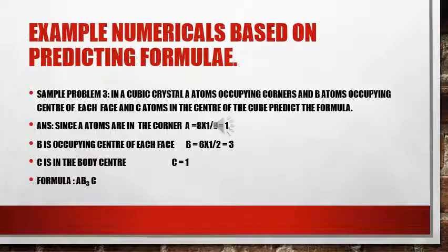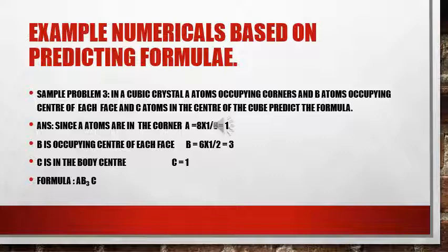Children, now look at sample problem 3. In a cubic crystal, A atoms occupy the corners and B atoms occupy the center of each of the faces. That is, in the center of every face you have B atom and C atom in the center of the cube. Predict the formula. Now you are going to do the sum in what way? A is in the corner.